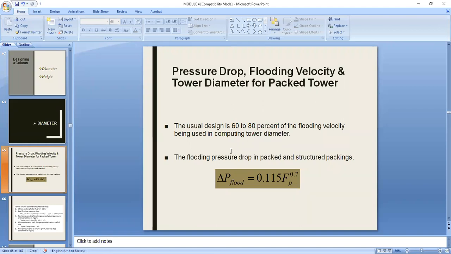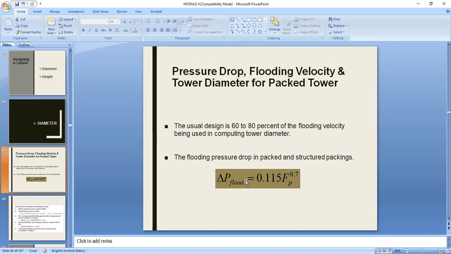And that's our basis for our tower diameter. There is a sample problem as well in Geankoplis on how we determine the tower diameter using 60% of the flooding velocity. Associated with the flooding velocity and the tower diameter is the determination of the pressure drop.